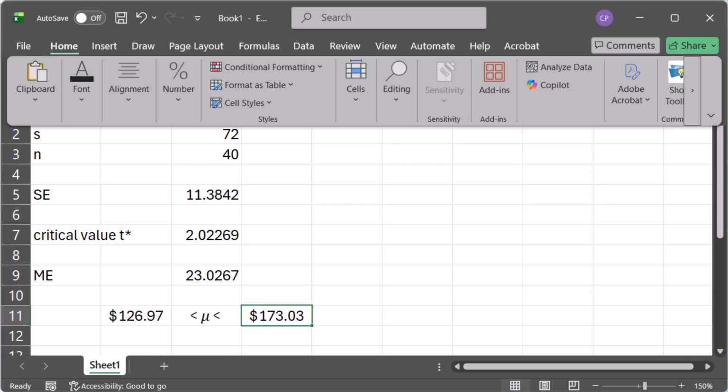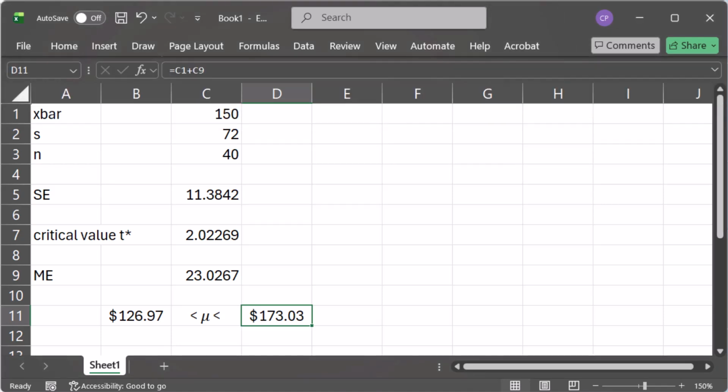This is giving us a range, and again, this isn't guaranteed to be correct because this is based on our random sample that saw an average of 150. And that 150 is likely fairly close to the population average or the population mean, but it also could be far off, right? Maybe we just got some randomness that created an extra large or extra small mean.